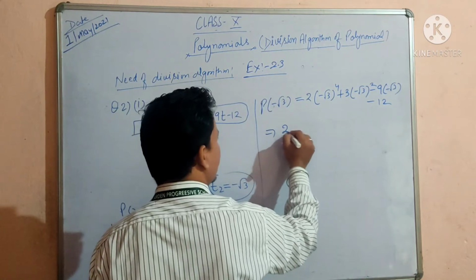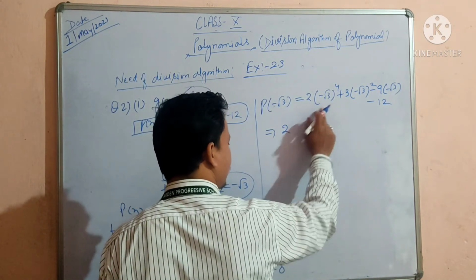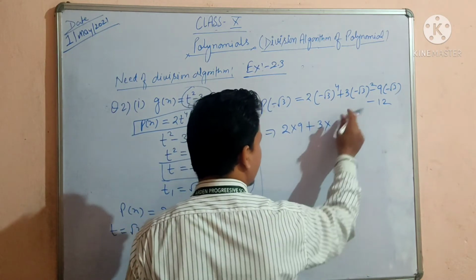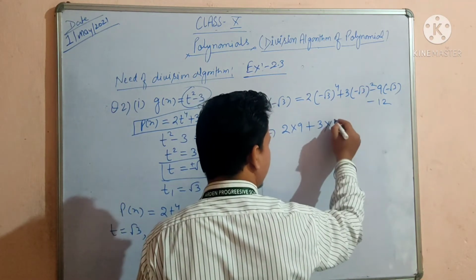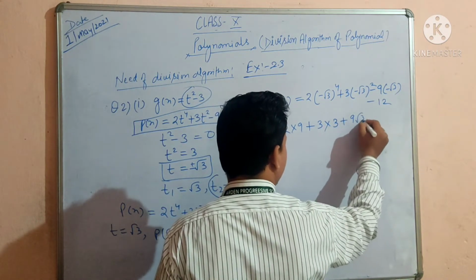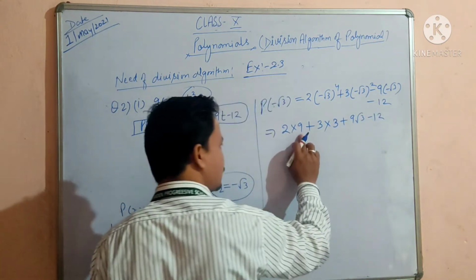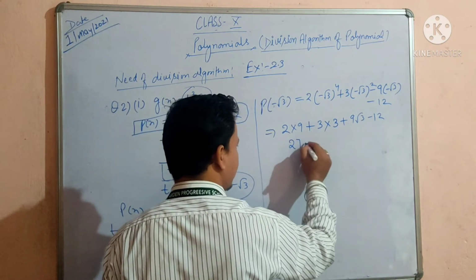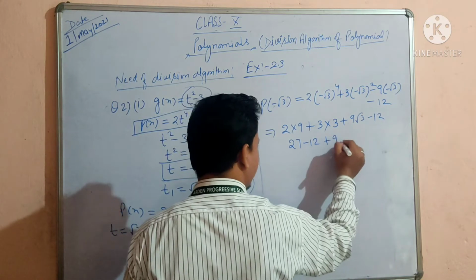Now see, 2 times minus root 3 to the power 4 will give you 9, plus 3 into minus root 3 square, that is 3, minus minus plus 9 root 3, and minus 12. Now see, 9 times 2 is 18, 3 times 3 is 9, 18 plus 9 is 27, minus 12 plus 9 root 3.